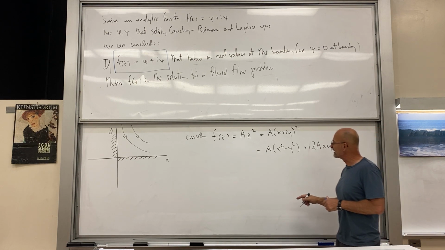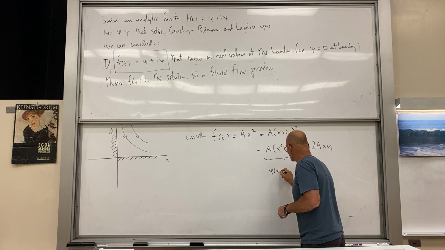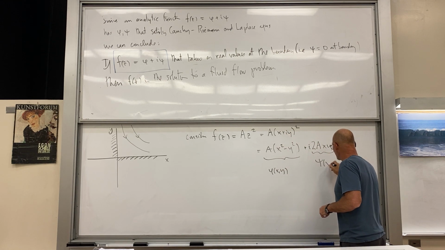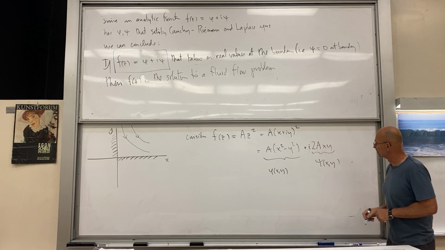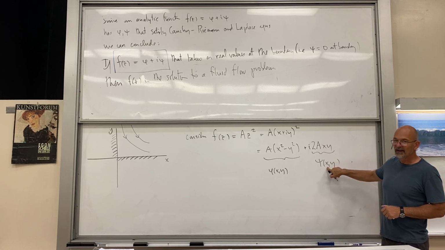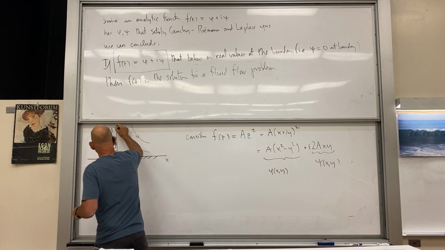So what we're looking at here, this is our phi of x and y, and this here is our psi of x and y. So where does this function take on values equal to 0? Well, it takes on values equal to 0 right here.